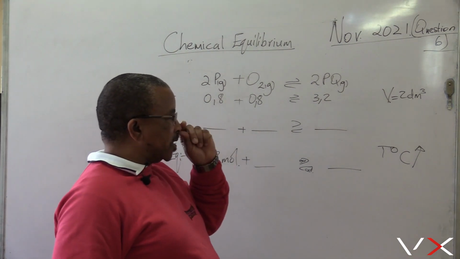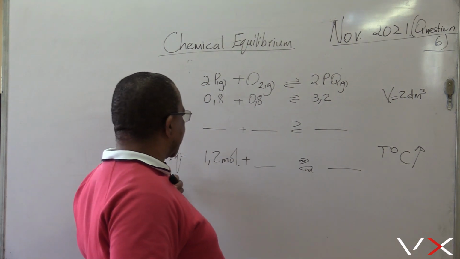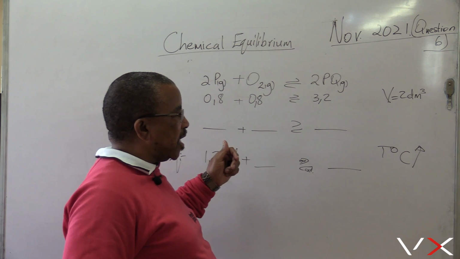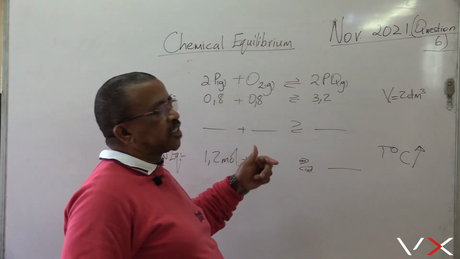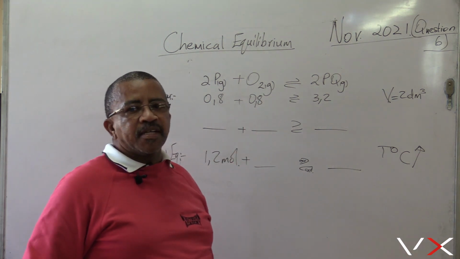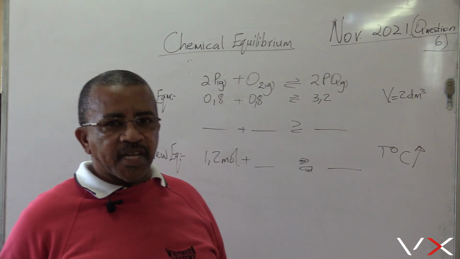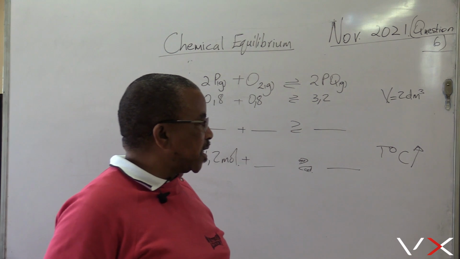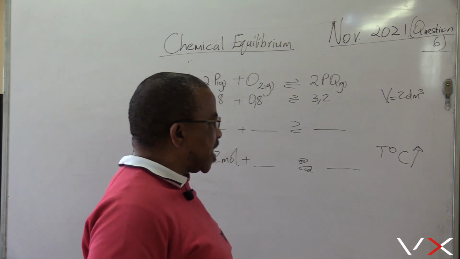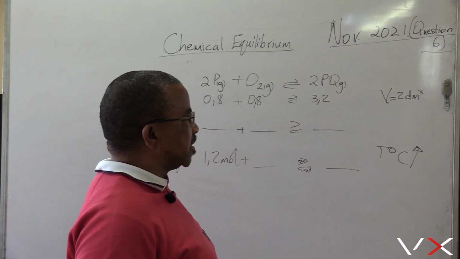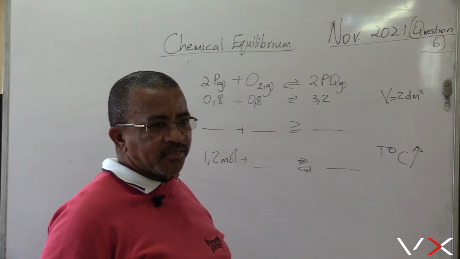So that is why the reverse is favored, which means the reaction's delta H is negative, and we know that if delta H is negative, then that type of reaction is an exothermic reaction.